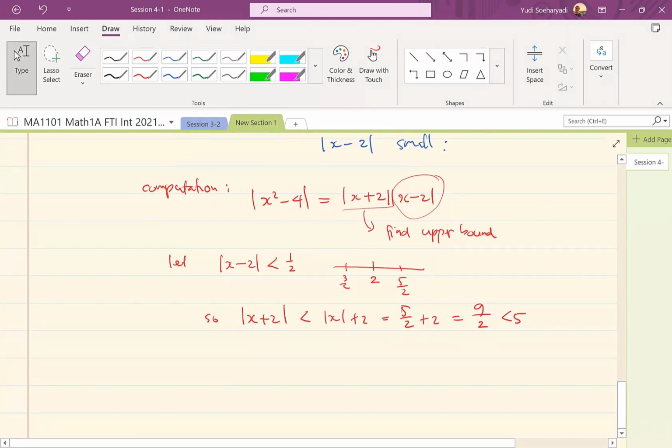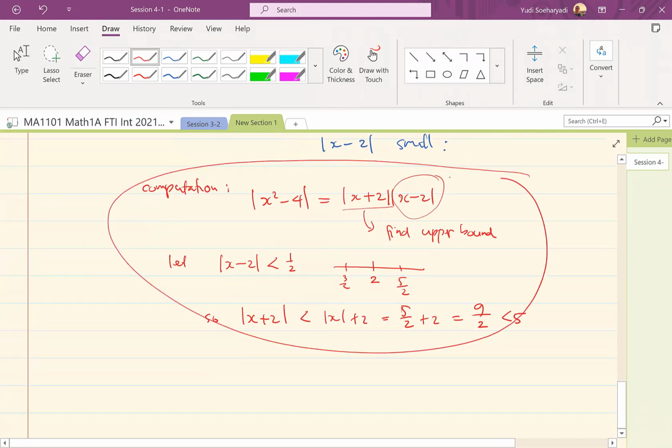Okay. So this is our computation. So what we have now is that the absolute value of x squared minus 4 is less than 5 times x minus 2.